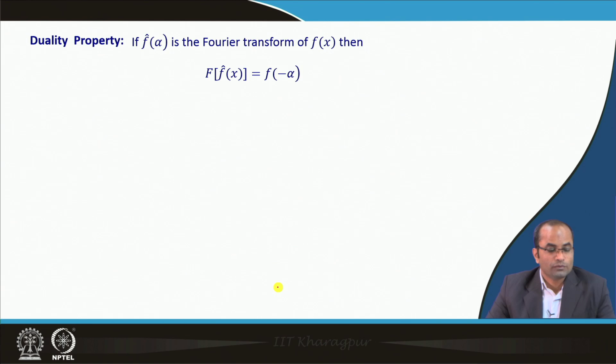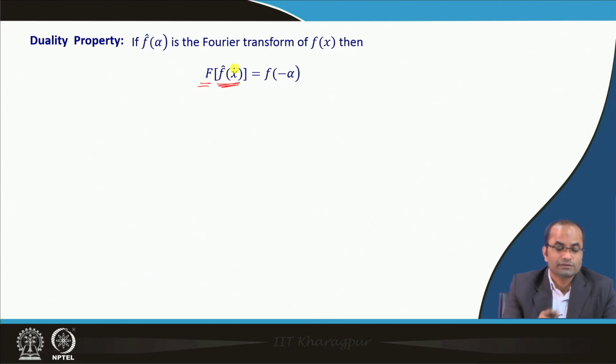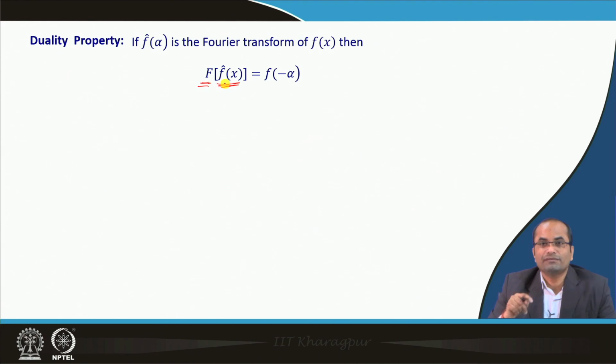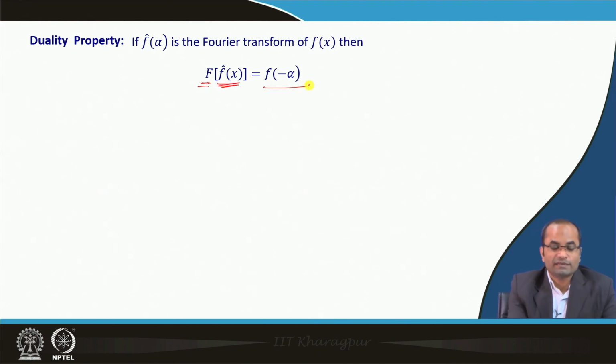There is one more property, called the duality property, which says that if we take the Fourier transform of f hat, where f hat is the Fourier transform of f(x), then we will get back to f, but with minus alpha.